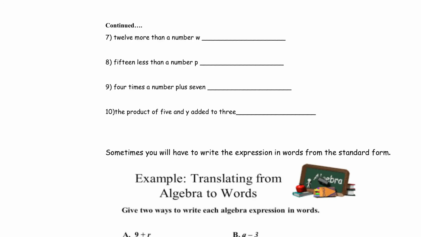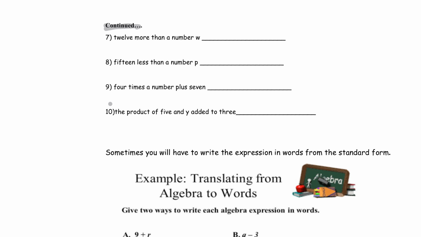So here is tonight's homework. You're going to focus on the next page and you're going to complete the rest of the page. Numbers 7, 8, 9, and 10, you're going to translate from word form to standard form.